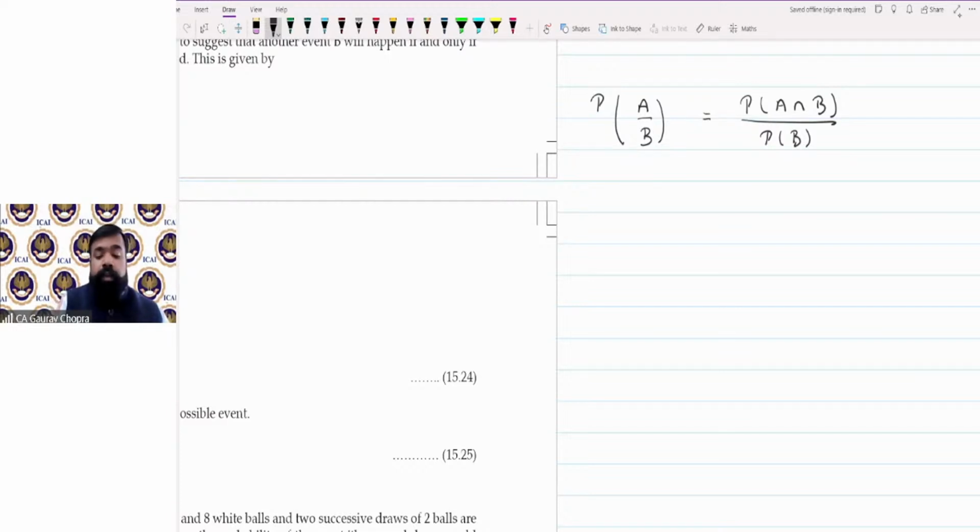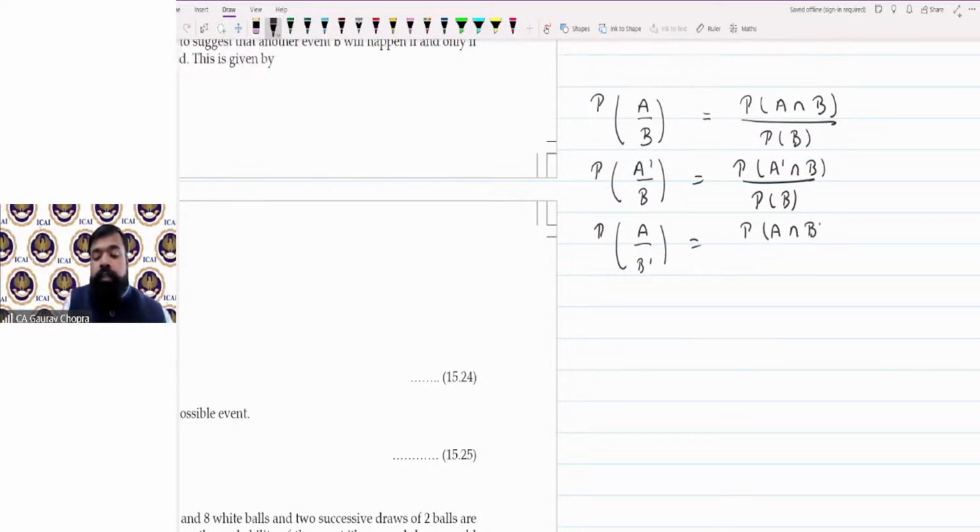In a similar manner, we can calculate all other formulas. Let's say it is given A dash upon B. So we will write probability of A dash intersection B upon P(B). If it is A upon B dash, then we will write probability of A intersection B dash upon B dash.